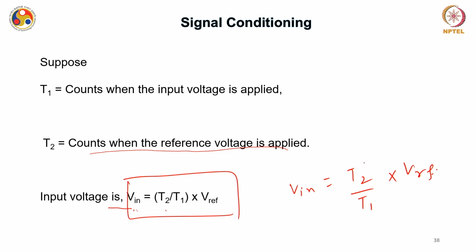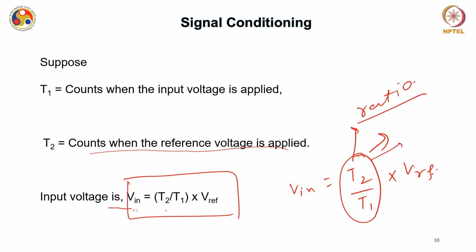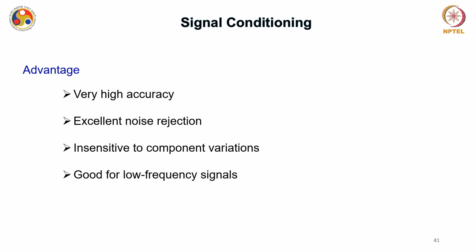Now, you can also write this in terms of frequency. And once you write it, you will see that since I am using a ratio in place of the absolute time or frequency values, they try to cancel out, and noise rejection becomes even better.